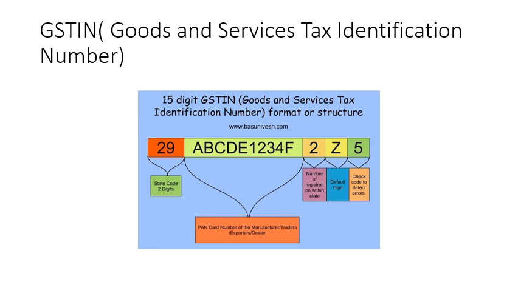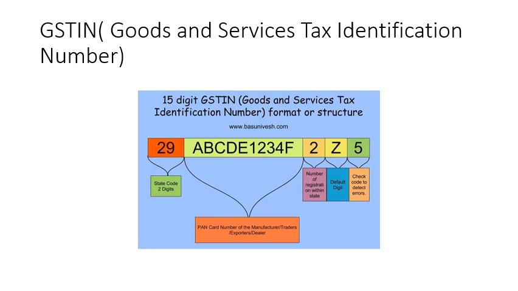So the 13th digit will be an alphanumeric number, first 1 to 9 and then A to Z. It will be assigned on the basis of the number of registrations a legal entity has within one state. Then the 14th digit, the default digit, is Z. Then the last one, the 15th digit, will be a check code which will be used for detection of errors.